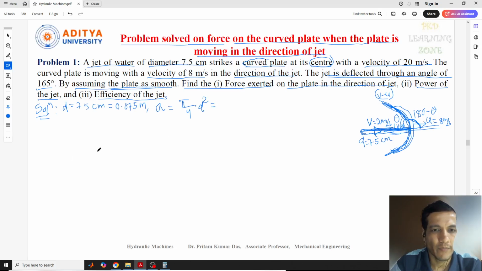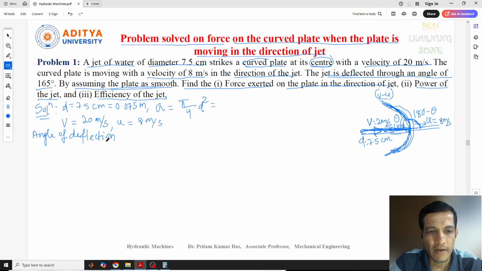Similarly, the velocity of the jet is 20 meter per second, and small u is 8 meter per second. The angle of deflection is given as 165 degree.